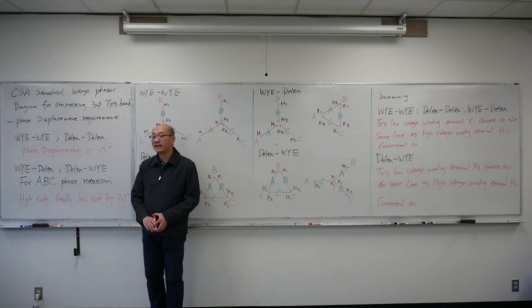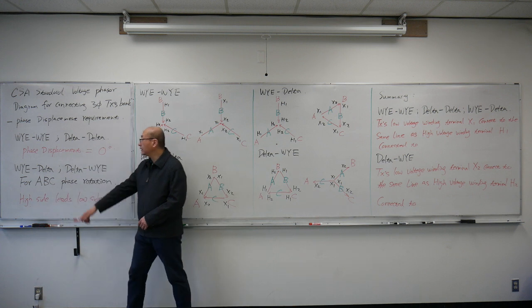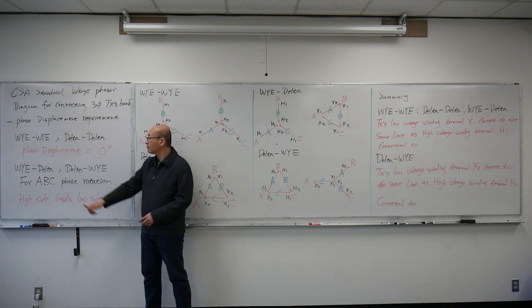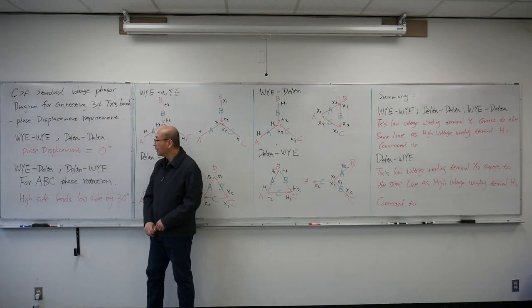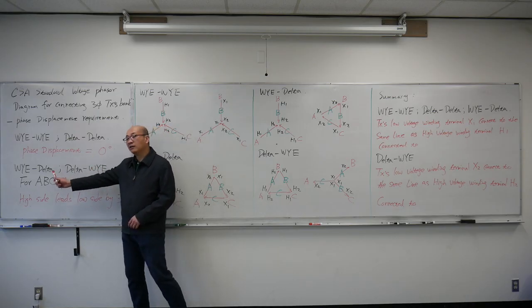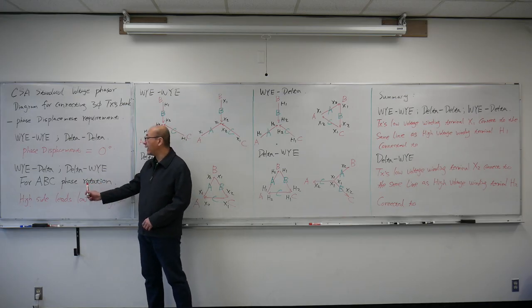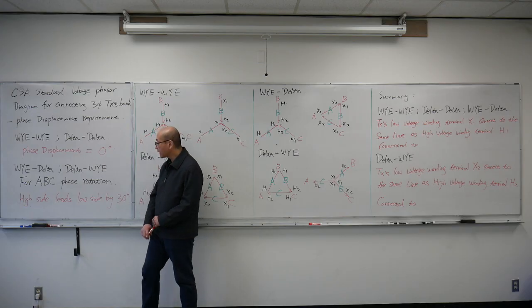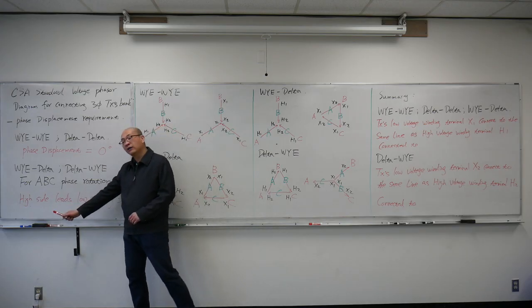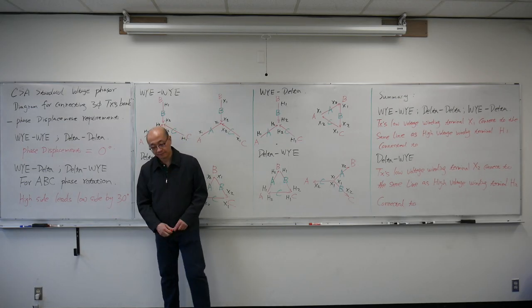The CSA standard is that for Y to Y connection and delta to delta connection, the phase displacement should be 0. For Y to delta or delta to Y connection, with an ABC phase rotation or ABC phase sequence, the high voltage side will lead the low voltage side by 30 degrees.